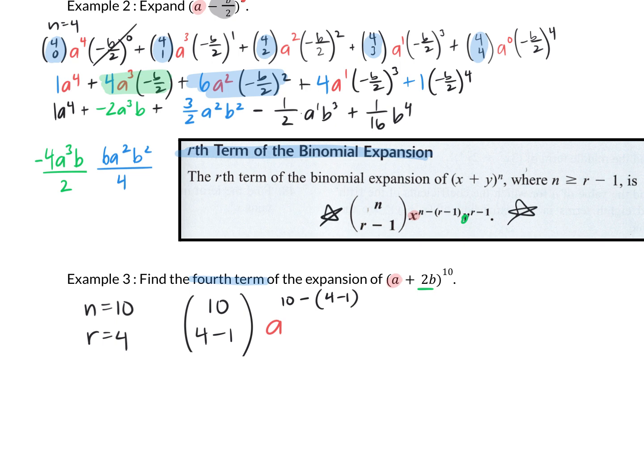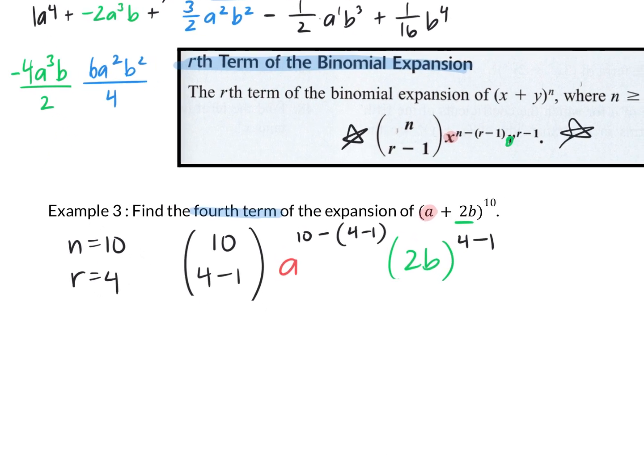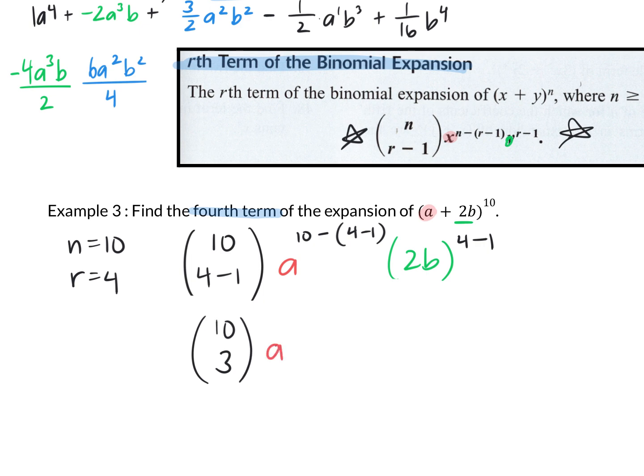Okay, so in parentheses, I've got 2b, and that is raised to the r minus 1, or 4 minus 1 power. Now from here, can we do some simplifying? Yes, so I've got 10 choose 3 times a to the, what is that going to be? 10 minus 3, so that's 7 power. And then times 2b to the 3rd power.